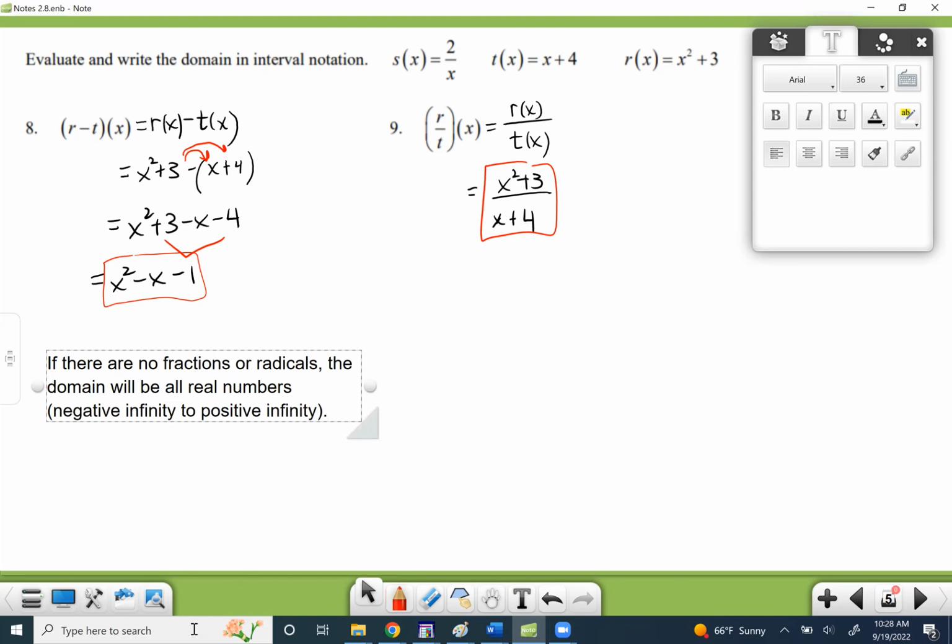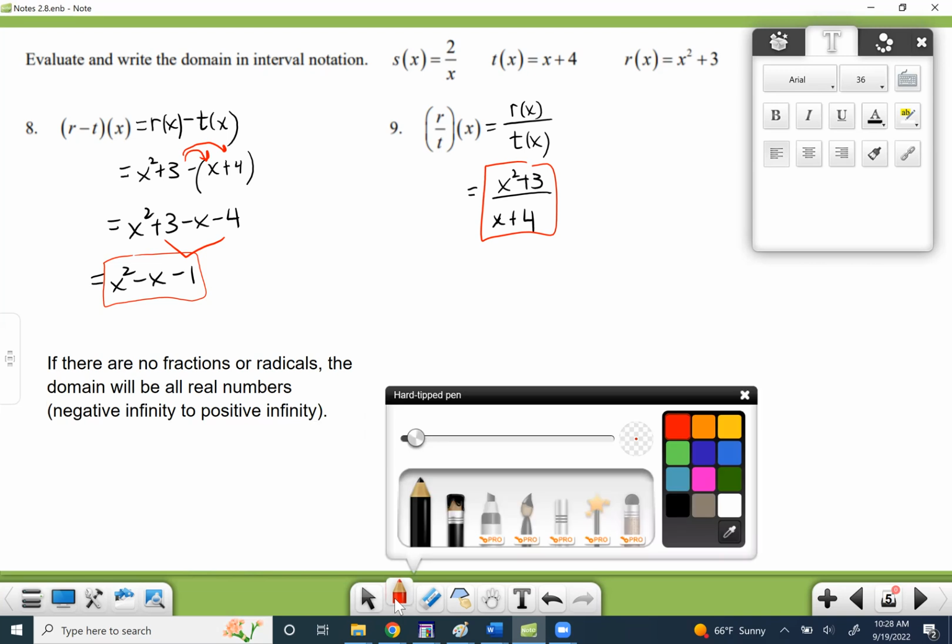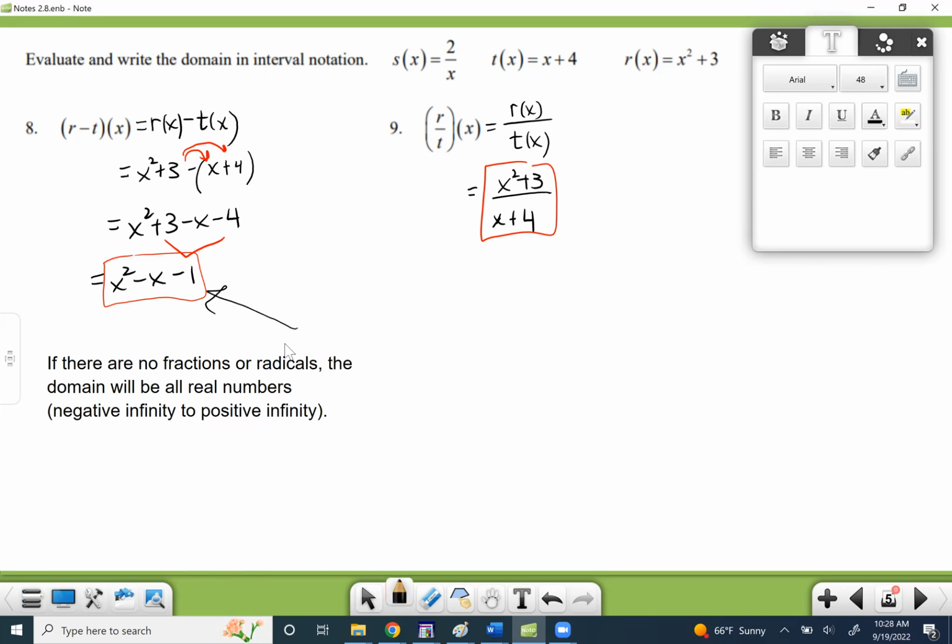Okay. So if we're looking at this first one, there's no fractions, there's no radicals. So the domain's going to be negative infinity to infinity.